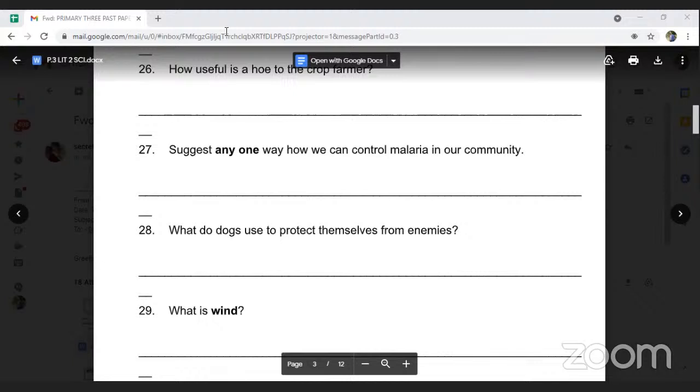Then there are very many ways. Slashing the bushes around the compound. You must be able to slash the bushes around the compound to prevent mosquitoes. As simple as that.